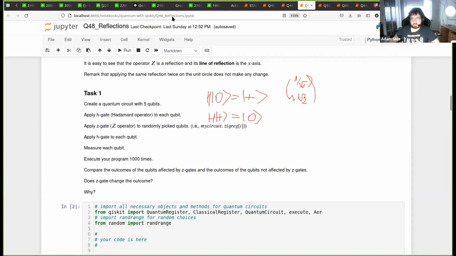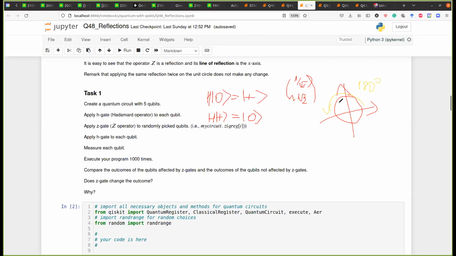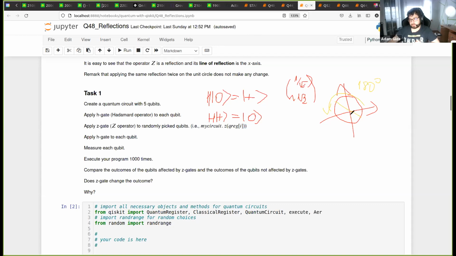I think the only case in which this is true is a rotation by 180 degrees. But that is also not true. So either this is a rotation or a reflection. You cannot have both, I think, unless you can provide an example. Maybe I'm wrong in this case.